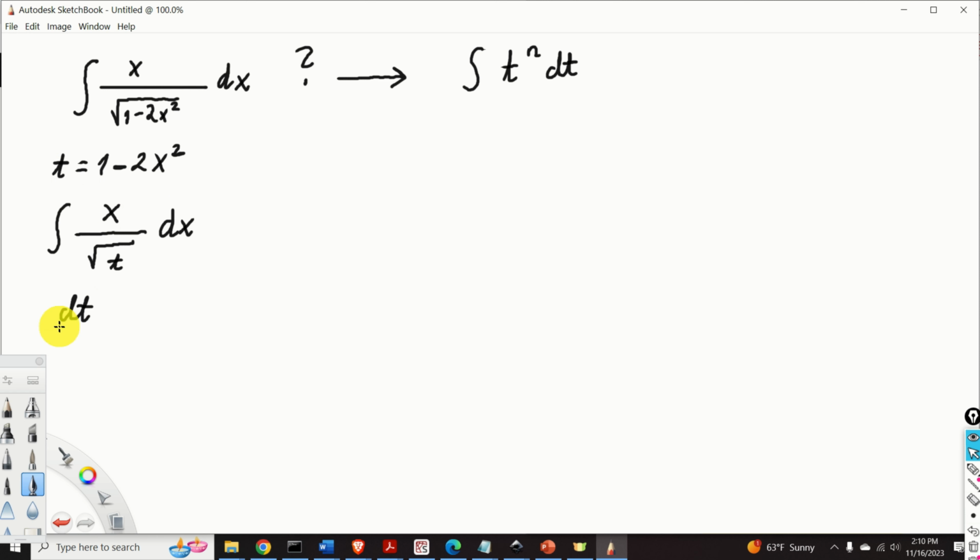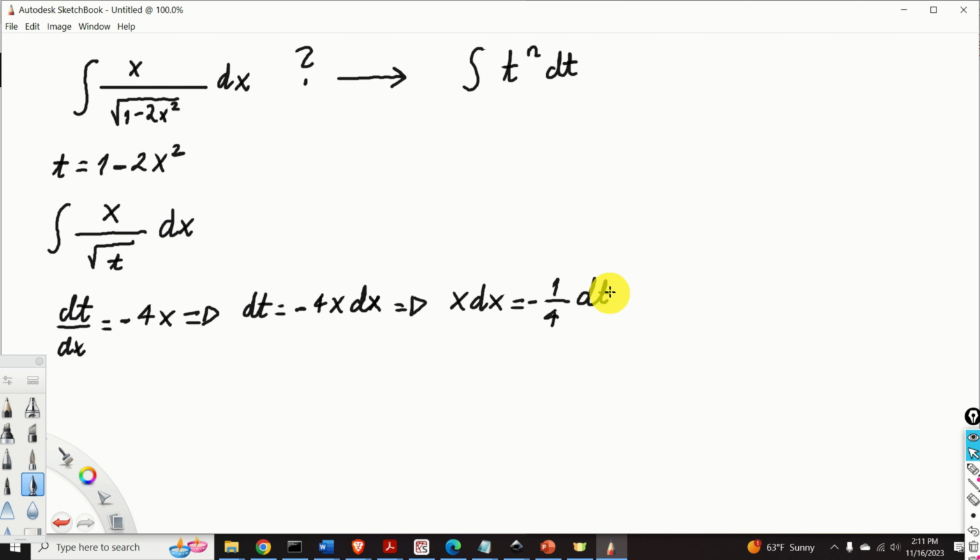Consequently, let's write dt over dx is, let's see, it's obviously minus 4x. From this equation, we can obtain that dt is actually equal to minus 4x dx, or from this equation we actually obtain that x dx is equal to minus 1 over 4 dt.